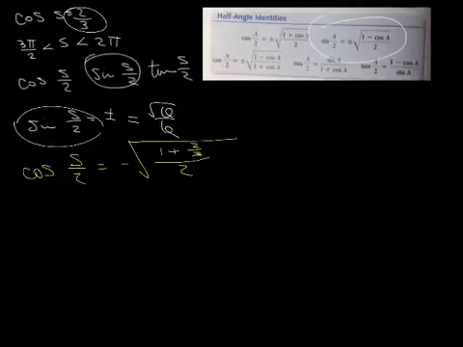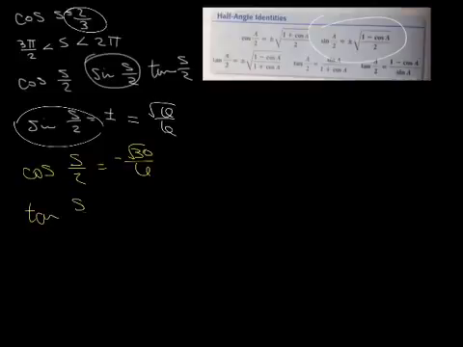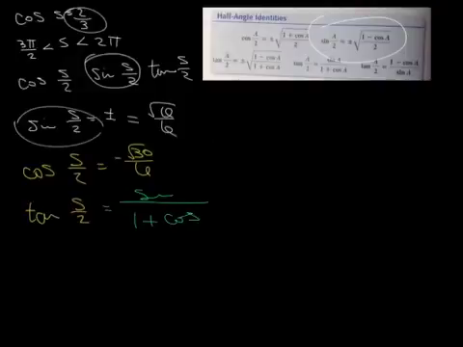Alright, last one we're going to do has to do with tangent. And what did I say the cosine was? Negative square root of 30 over 6. Alright, so tangent of s over 2. I've got a couple different options there. So for tangent, we can do about anything we want. I prefer that middle one, sine of s over 1 plus the cosine of s.